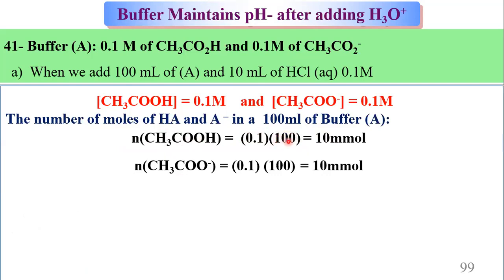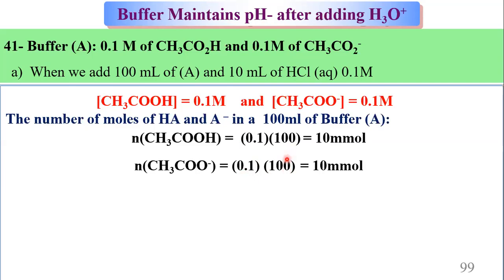Notice I kept the volume in milliliters, which means I'm going to get an answer in millimoles. To get it in moles, you have to multiply by 10 to the minus 3. I find it easier to put it in charts in the millimole form, especially if they give you milliliters in your volume. And the anion is as well 0.1, that's its concentration, times the volume.